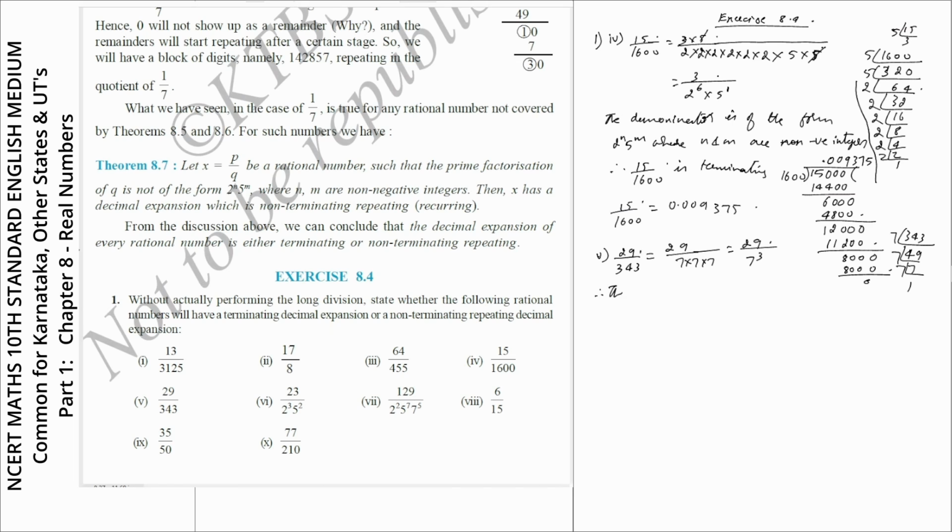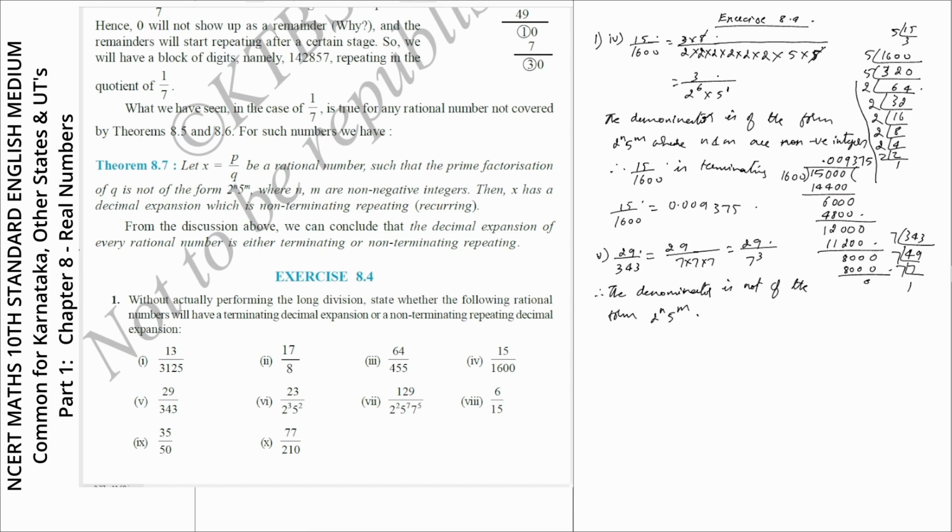So the denominator is not of the form 2 power of n into 5 power of m, where n and m are non-negative integers.